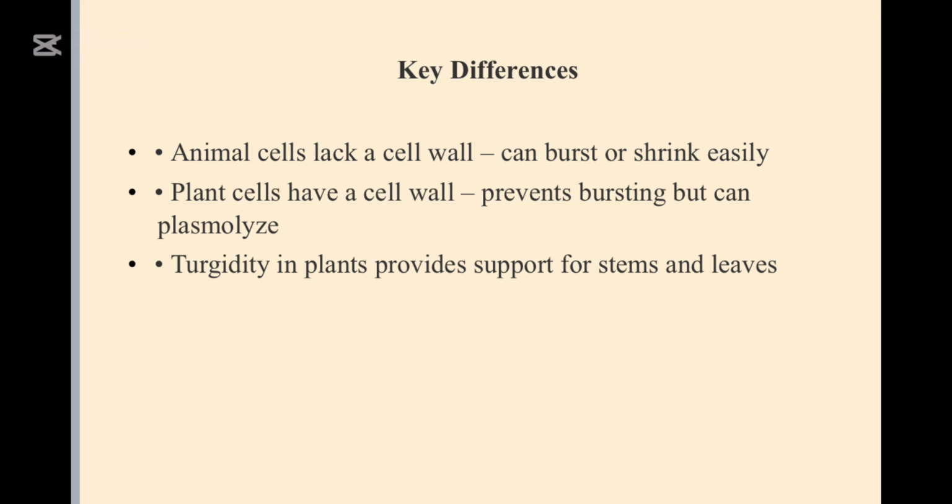Animal cells lack a cell wall and can burst or shrink easily. Plant cells have a cell wall, which prevents bursting, but they can plasmolyze, meaning the cytoplasm pulls away from the cell wall. The cell wall in a plant provides support for the stem and all that, while animal cells don't have a cell wall. Now let's answer some GCSE questions.